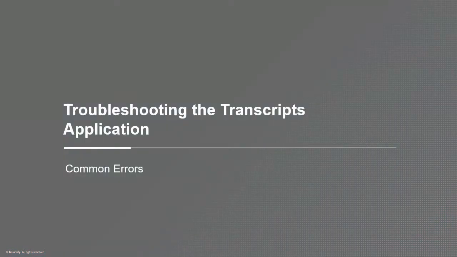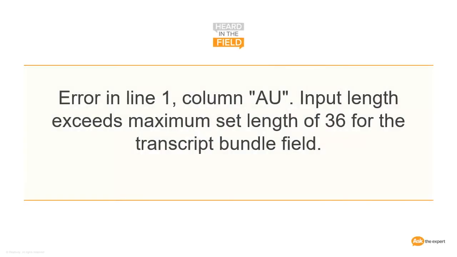Okay, so I want to just provide a couple of the common errors that we receive in the transcript application. Oftentimes we get calls saying that they saw an error stating that the input length exceeds the maximum set length of 36 for the transcript bundle field. Now the transcript bundle field has a character limit of 36 by default.